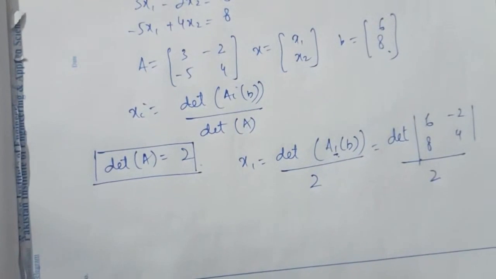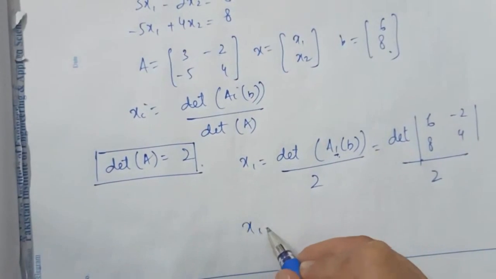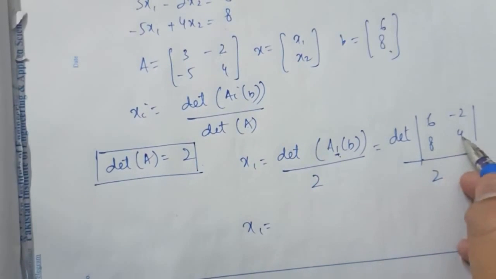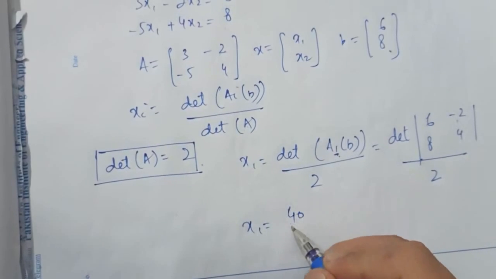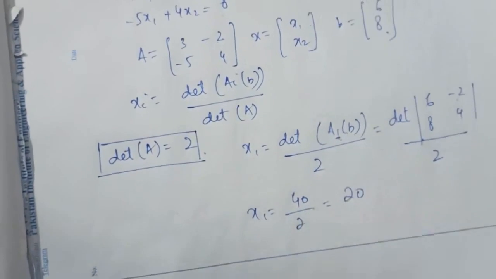So in this case, x1 becomes 24 plus 16, that will be 40, divided by 2, that becomes 20.